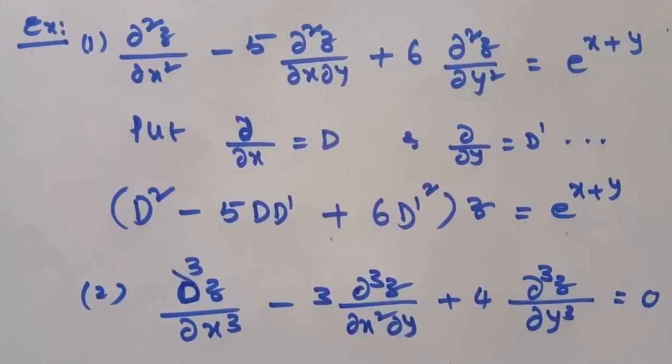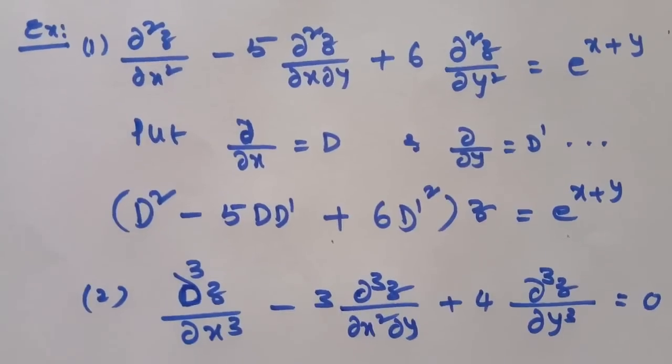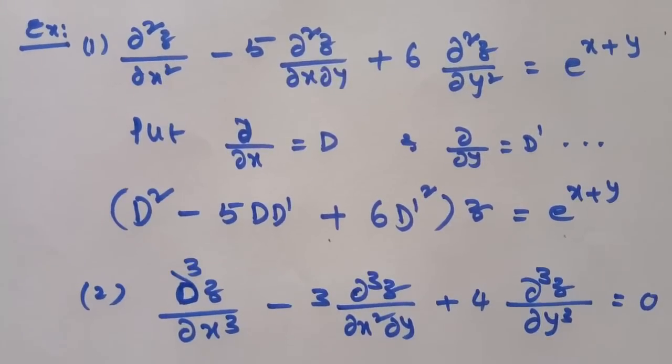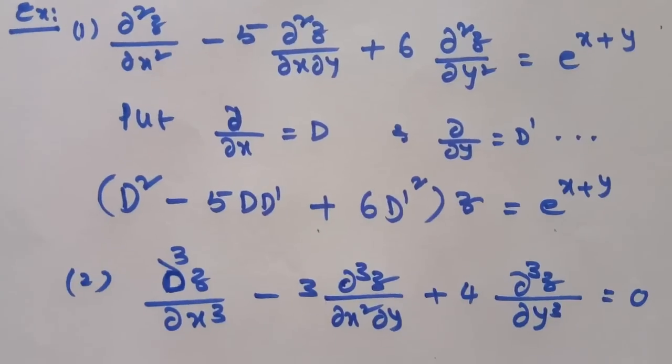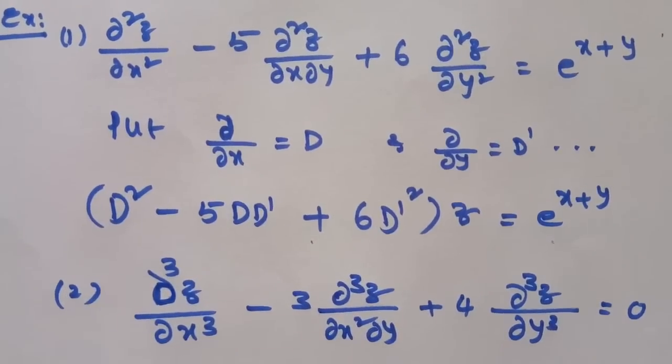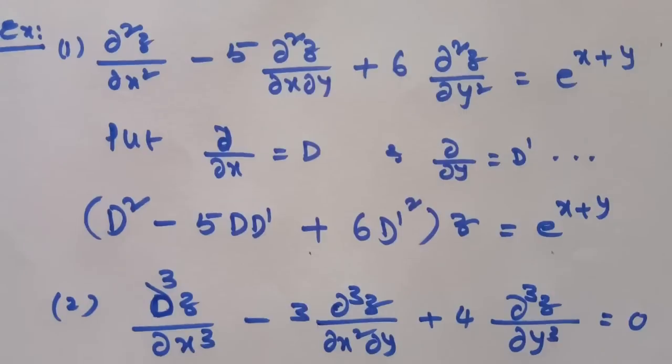Now, as in the ordinary differential equation, here also the solution consists of two parts. One is the complementary function and the other one is the particular integral. But the methods of finding them are different.